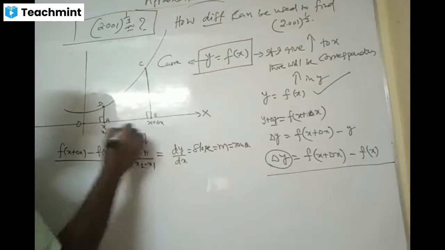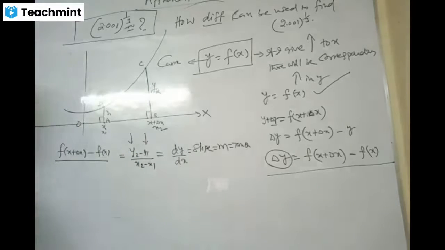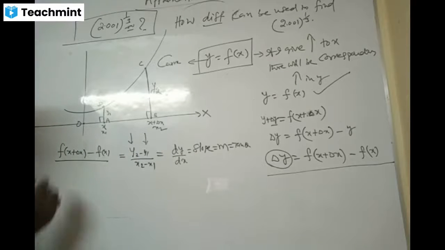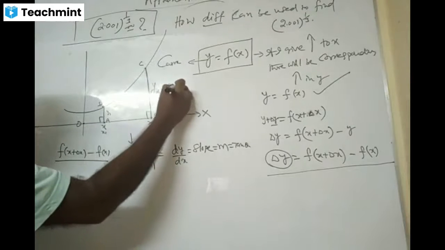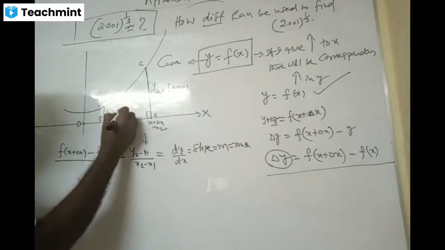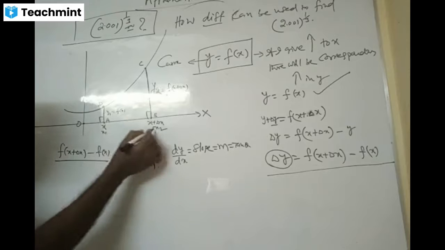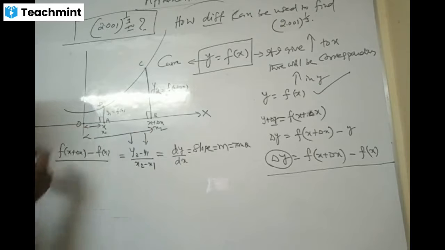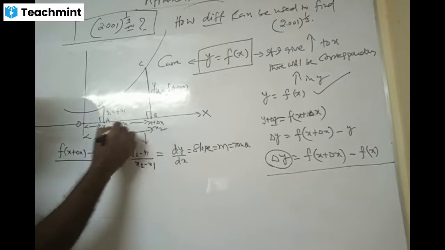This is called x1, this is called x2. This is called y2, this is called y1, yes. So this y2 is nothing but f of x plus delta x. This y1 is nothing but f of x, yes. By what is the gap between this and this mark? This is called x2. This is called x1, mark x. So what is this difference between the two marks? That's called delta x. Do you agree? All of you, please.